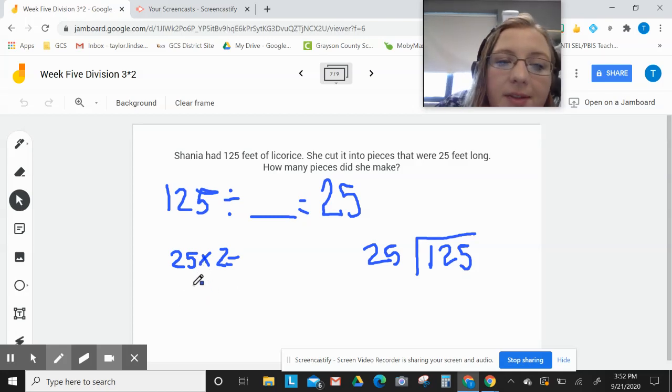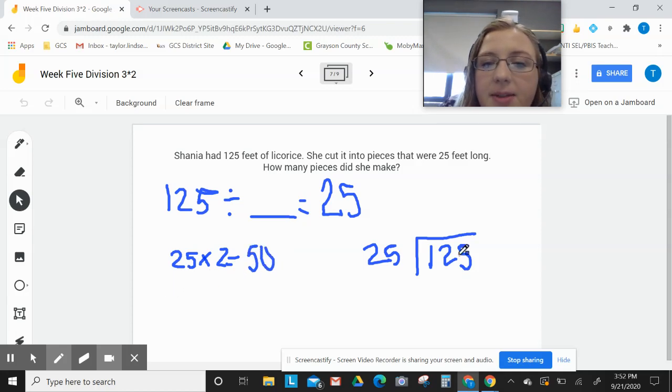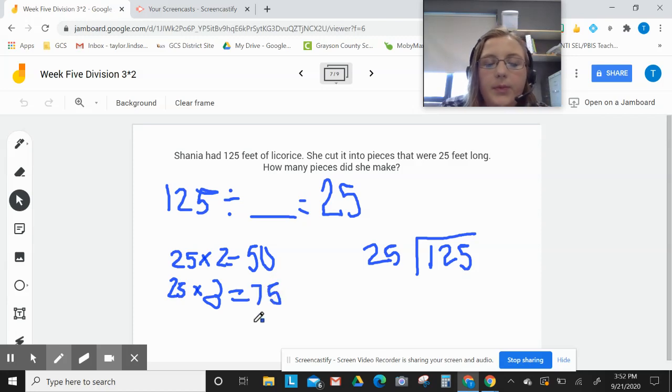So 25 times 2 is 50. Is that close enough? No, we're going to keep going. So 25 times 3 equals 75. And then 25 times 4 is equal to 100.